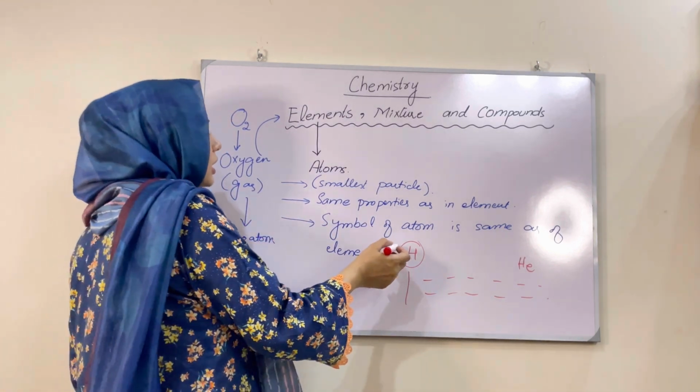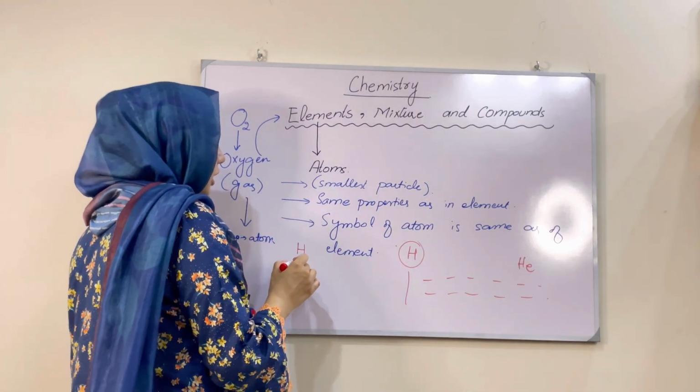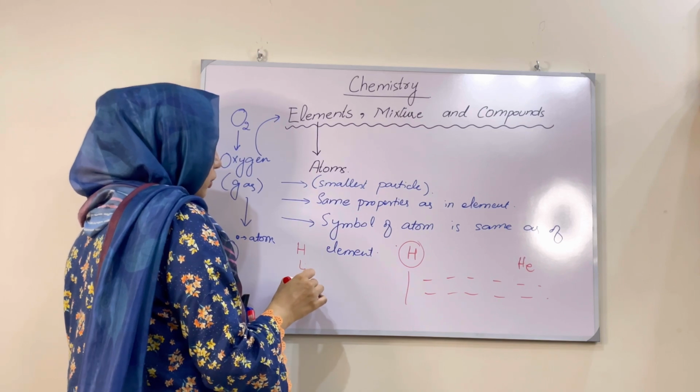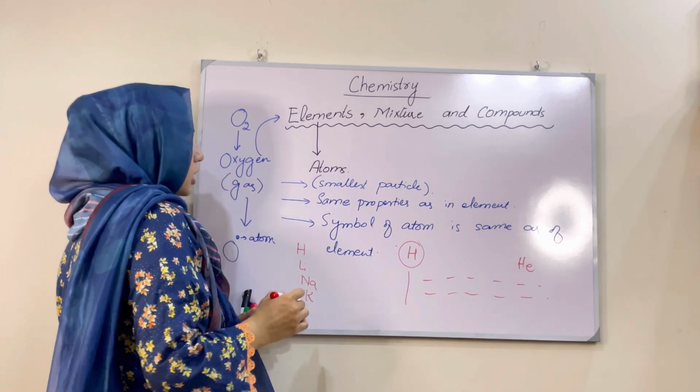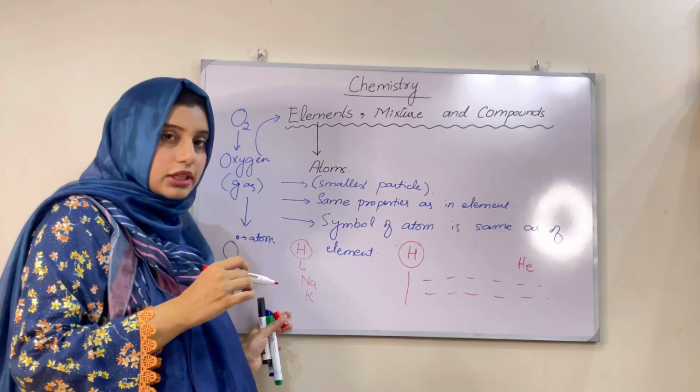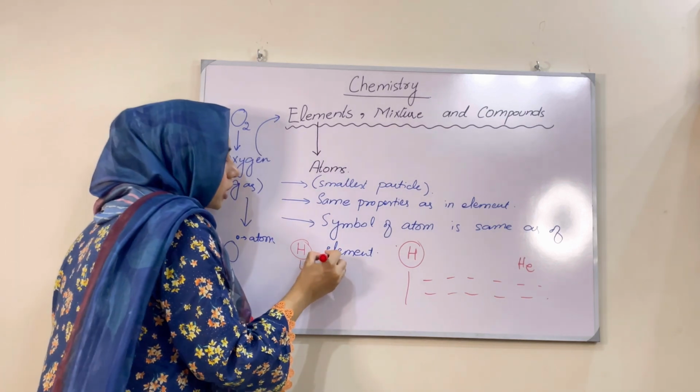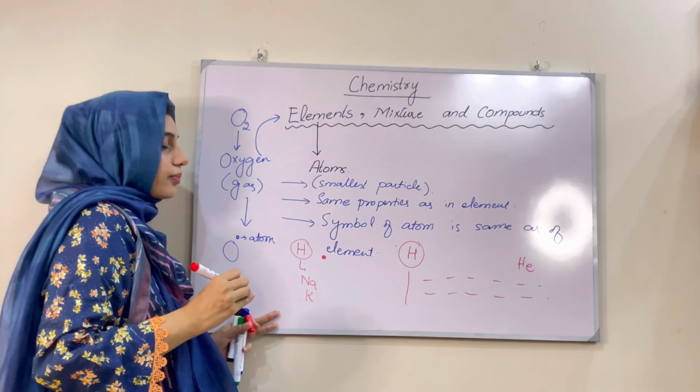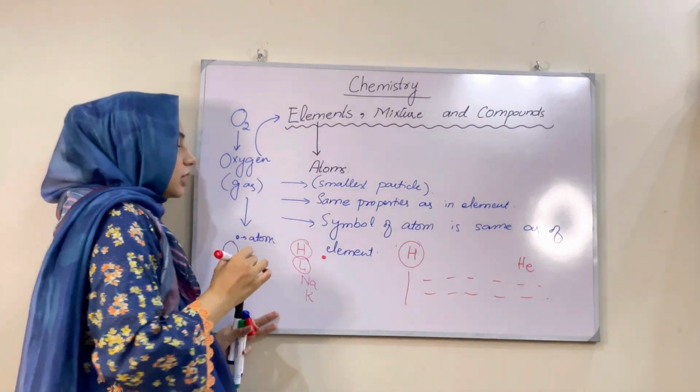For example, this is hydrogen, then we have lithium, sodium, potassium. Hydrogen is the smallest, so the atom of hydrogen is smaller in size. Then we have lithium.